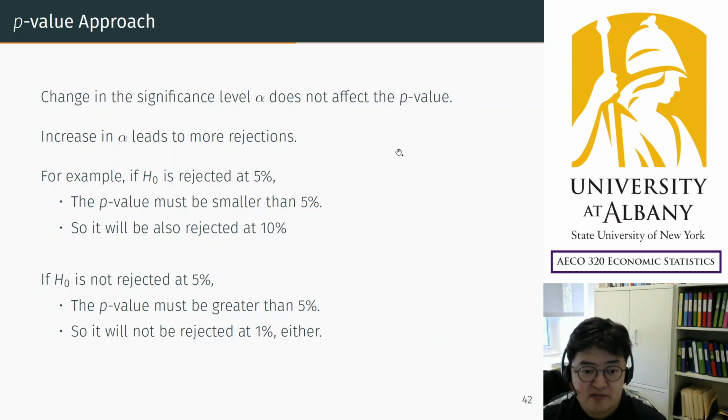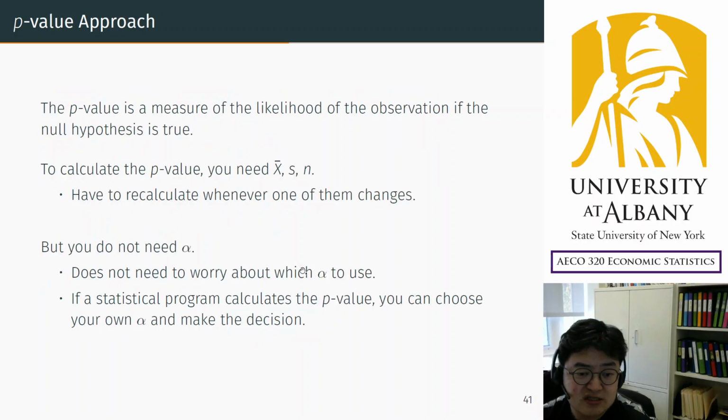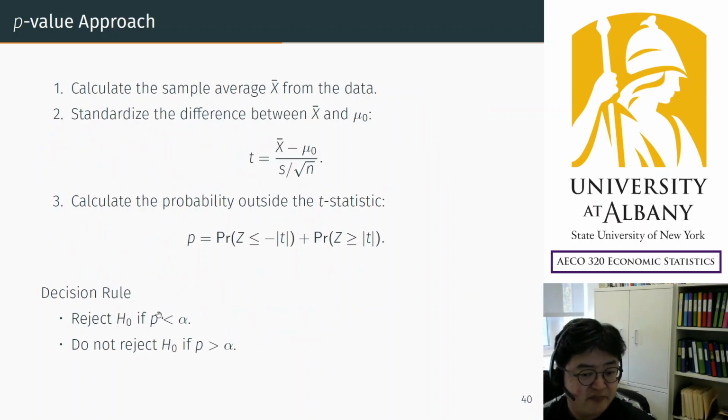That means it is easy to see what happens when alpha increases. Remember the decision rule: the p-value is fixed by the data, and if the p-value is smaller than alpha, you reject. So you can avoid rejection only when the p-value is greater than alpha. Alpha is a kind of bar, a standard.